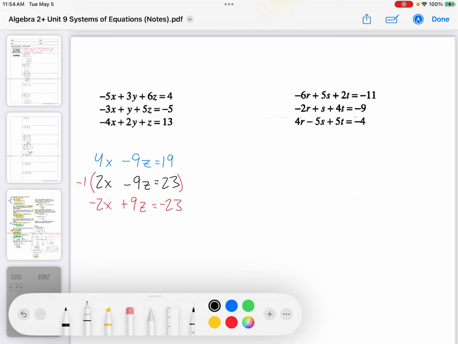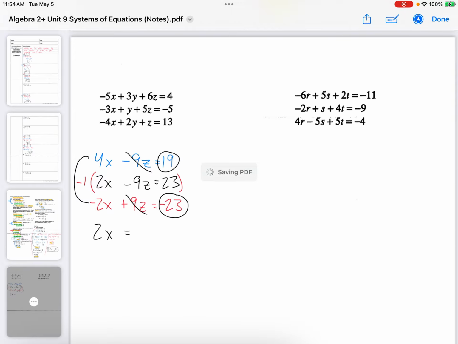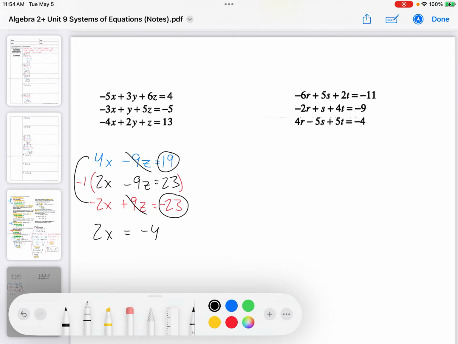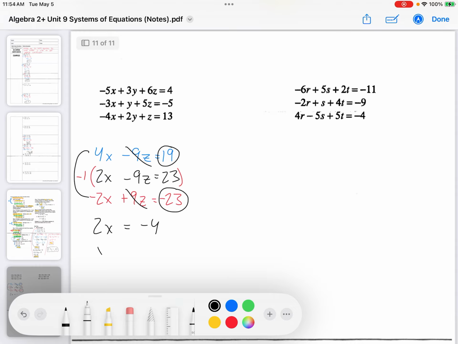Well, then we could add these together. 4x plus -2x would be 2x. The -9z plus 9z cancels out. And the 19 plus -23 would be -4. So from there, we would divide by 2 and find that x equals -2.